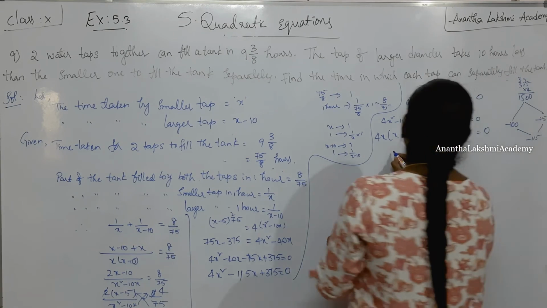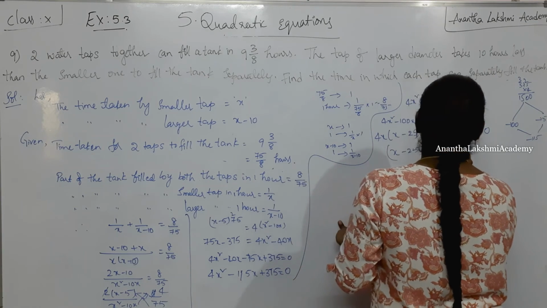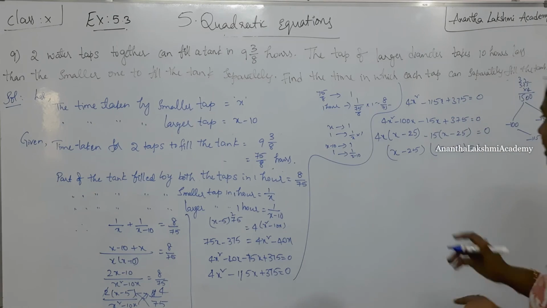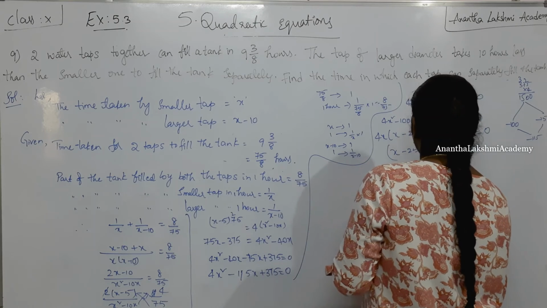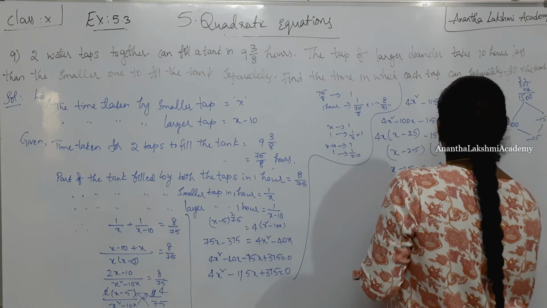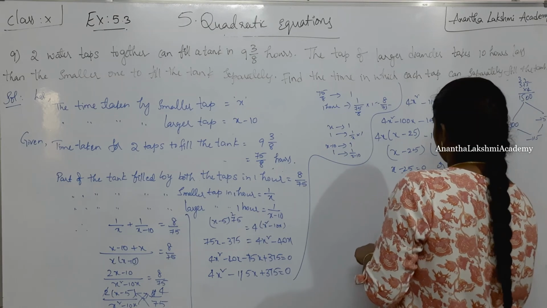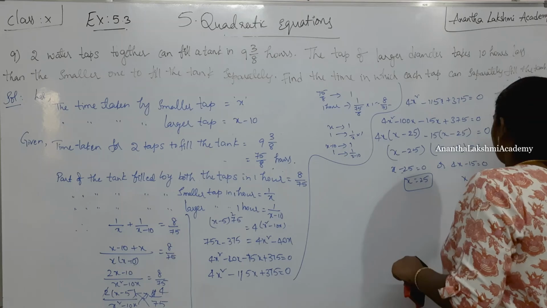So this is going to be x minus 25 into 4x minus 15 is equal to 0. Alright, x minus 25 is equal to 0, or 4x minus 15 is equal to 0. So x is equal to 25 or x is equal to 15 by 4.